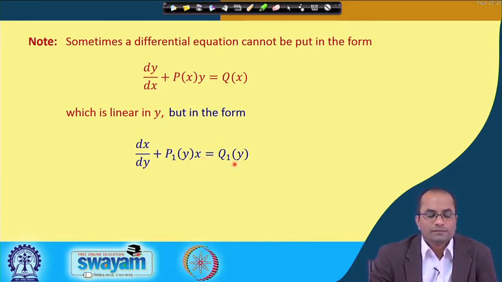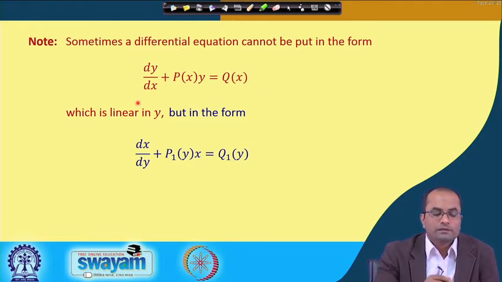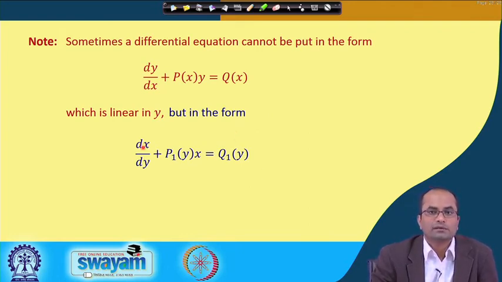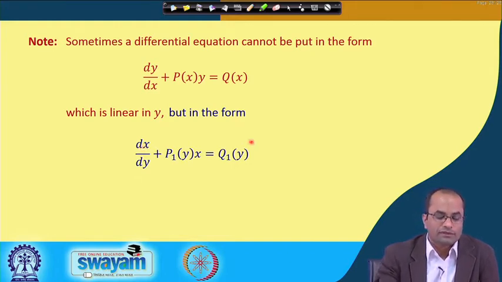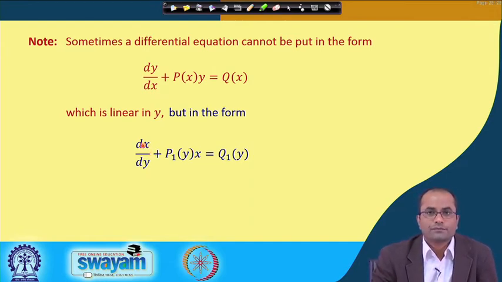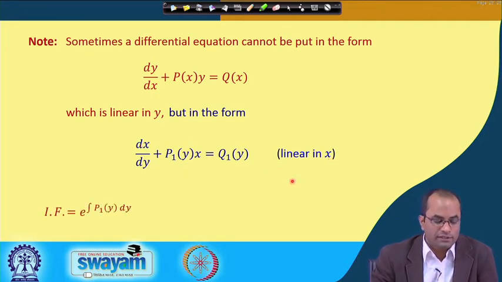Instead of writing the equation as linear in y, which may not be possible, we also have to see whether the given equation may be written as a linear equation in x instead of y. Once we write this equation, we just treat x as we treated y before, because this is just a linear equation in x and we know the solution.